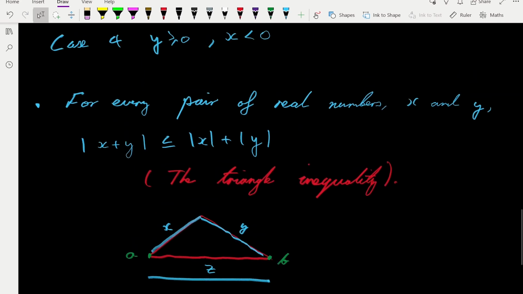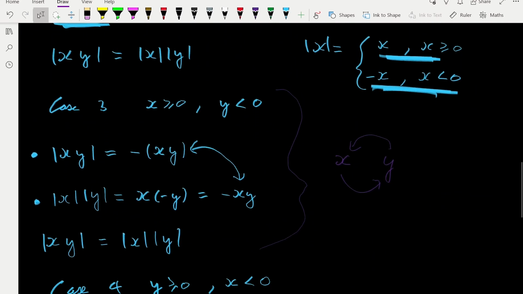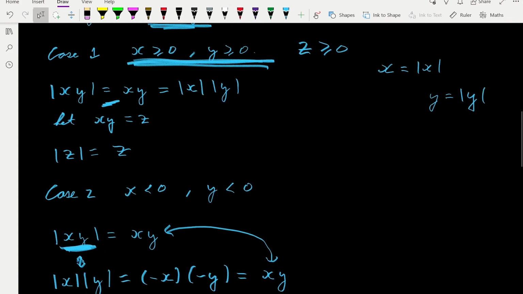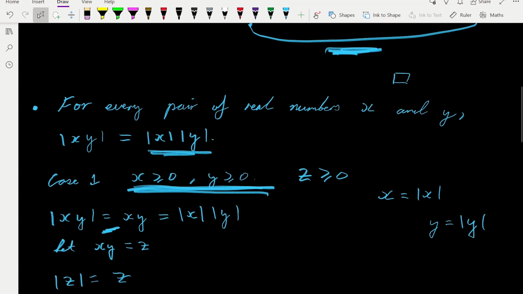What I'll do now is I'll talk through a geometric interpretation of the second property we proved. This one here. Remember that one said that if you took the product of x and y and then took its absolute value, that's the same thing as if you took the absolute value of x and the absolute value of y and then took the product of whatever you got from both of them.